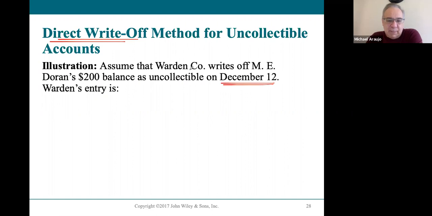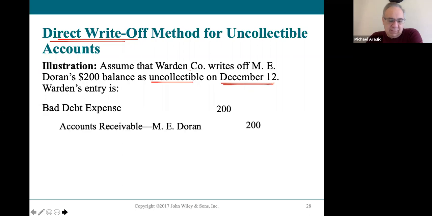So in this case, this company has identified the account of M.E. Doran, who owes them $200. And they don't think they're ever going to see this because they've tried. They simply can write it off that day. Bad debt expense for that day. And that removes the account off of the receivables.